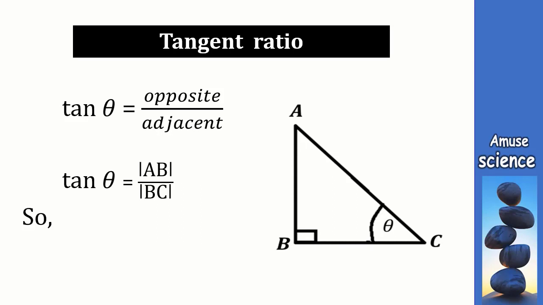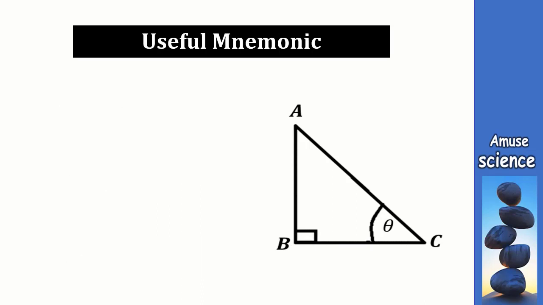If you want to find the value of the angle, you can find the tan inverse of the ratio, which we are going to get theta is equal to tan inverse of AB divided by BC. We have to note that whether we use sine or cos or tan, the value of the angle is going to be the same.